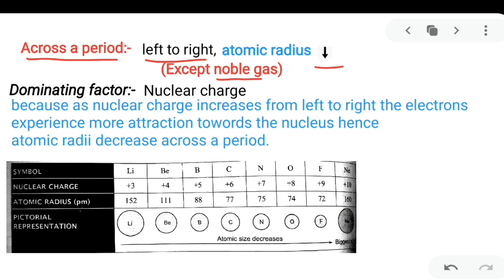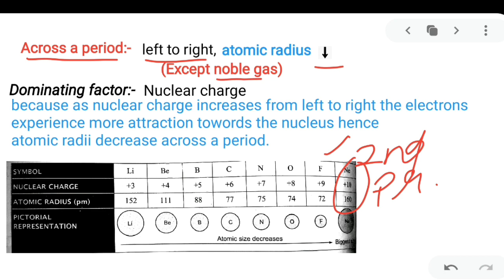Here you can see the example of the elements present in the second period. We will discuss up to fluorine, because I have told you there is a little exception in case of the noble gas, and neon is the noble gas that is present in the second period.